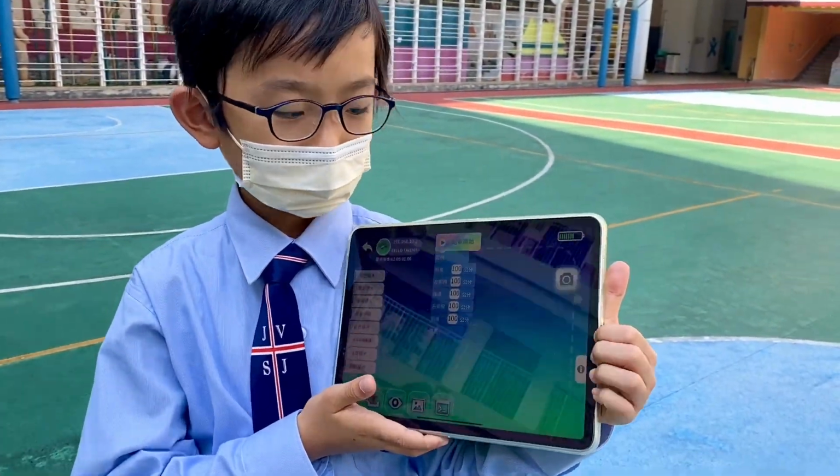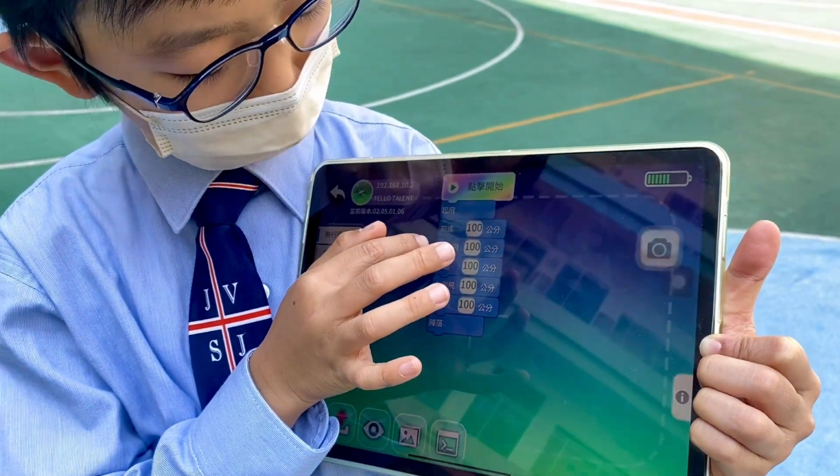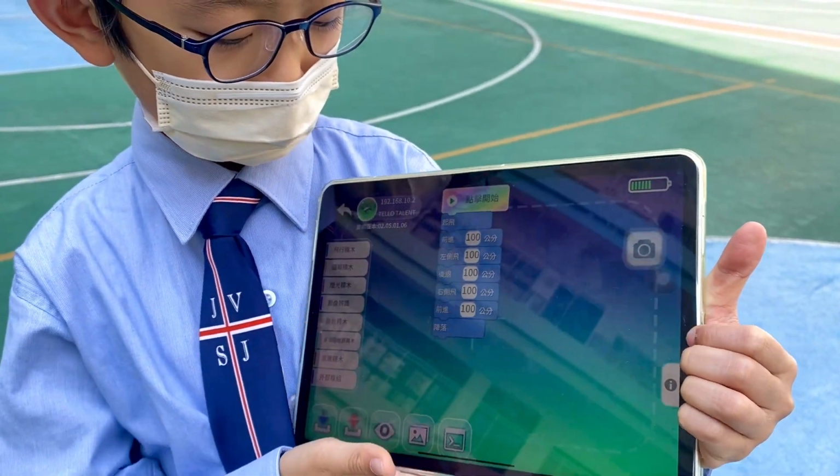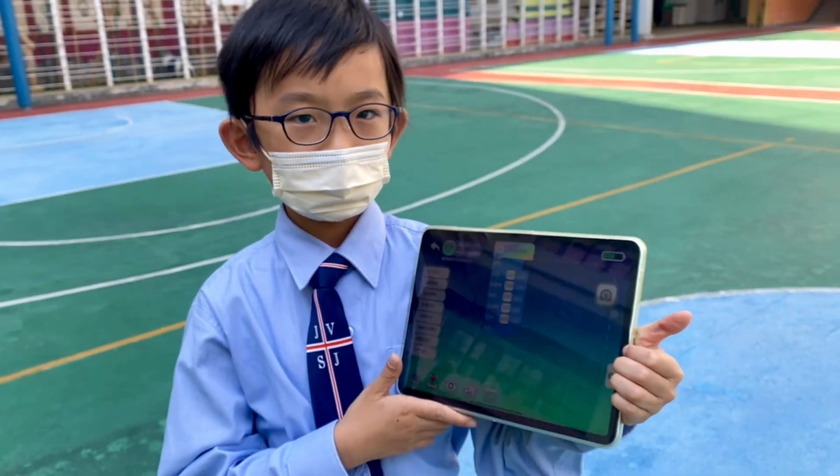Here are the blocks we use to control the drones to fly in a square flight path with the drones always facing in the direction of the flight path. Let's have a look.